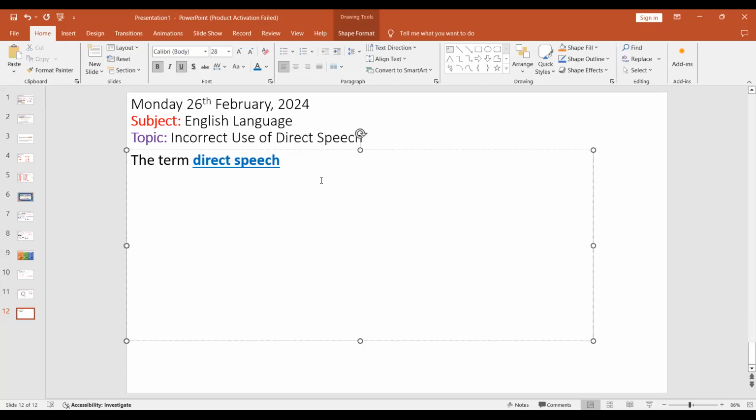The term direct speech refers to a speaker's what? Point of view? Speech is the biggest hint. Not tone. What do we mean by speech? The way you talk to the audience. The term direct speech refers to a speaker's what?